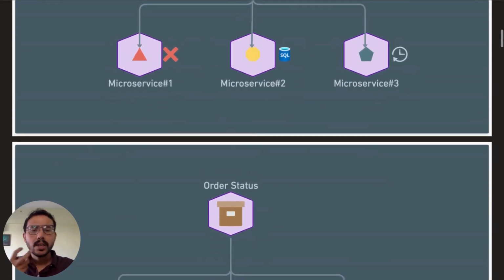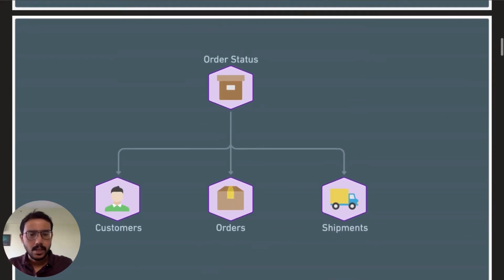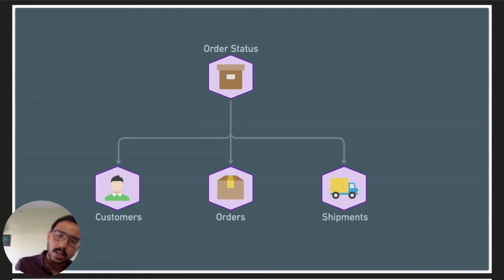Imagine you are running an e-commerce site with all sorts of data: customers, orders, shipments. Now, obviously, you need information from all these different sources to update an order status. The traditional way could be to just pull data from all these microservices, right? But guess what?